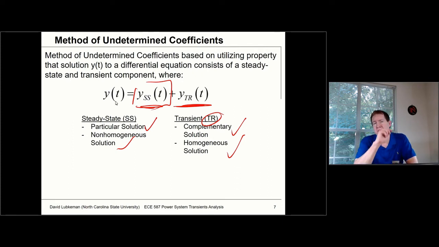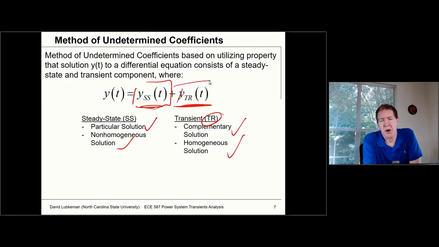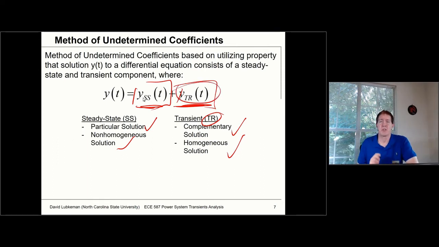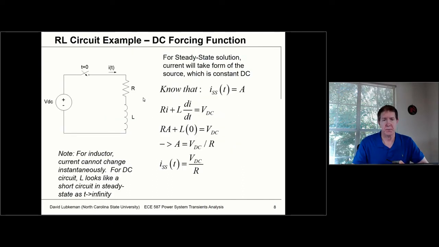What we're trying to get in this class is this additional part, the transient portion of the solution, which is what happens between, say, a switching action and getting into sinusoidal steady state. That's why I like the method of undetermined coefficients: we can leverage the techniques we already have for the steady state part, and we just have to figure out the additional transient part.